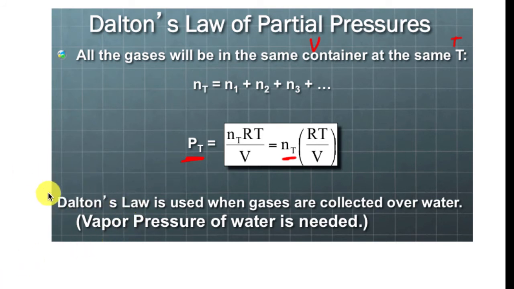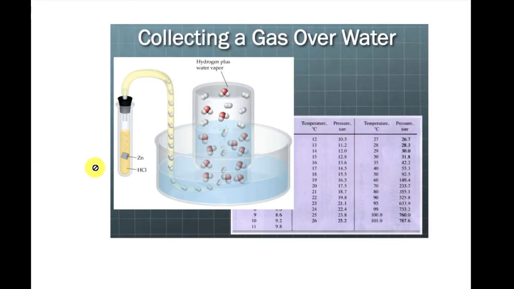All right, one very applicable way we use Dalton's law is when we are collecting gases over water. And this is something you really want to watch for when gases are collected over water. So let me show you what I'm talking about. Say we have a reaction over here, chemical reactions occurring. We have hydrochloric acid and we add zinc metal to it. Well, it's going to produce hydrogen gas. You should remember that from first semester.